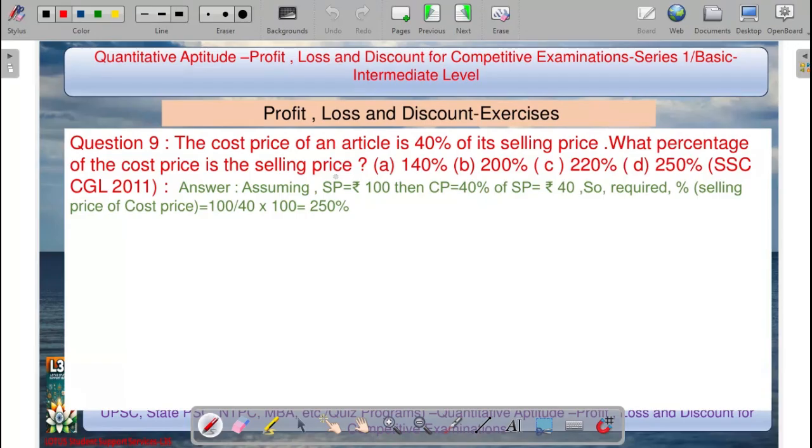So if we assume the selling price is rupees 100, then the cost price will be 40% of 100. That will be rupees 40. Okay. What percentage of the cost price is the selling price?